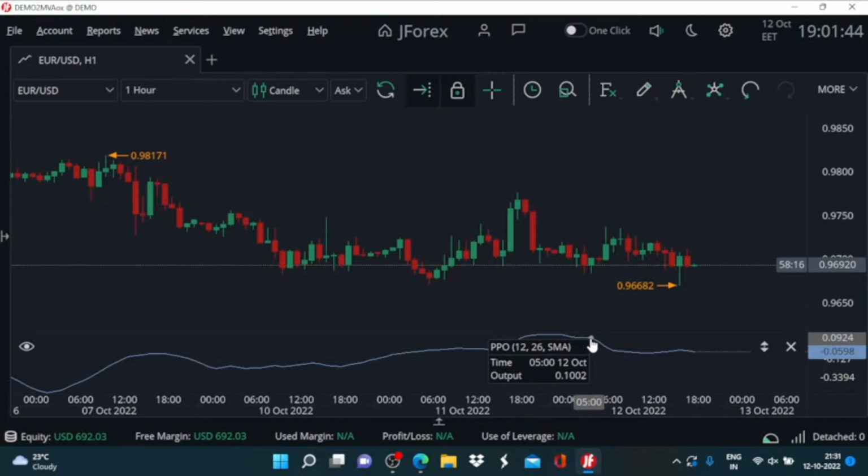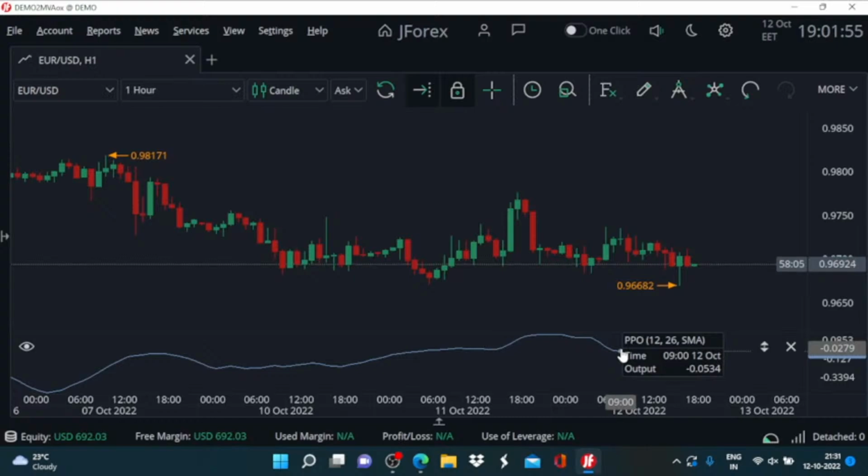And if the output is declining from above zero to below zero, that indicates momentum is now shifting from bullish to bearish. So we can utilize this zero marker as an important entry point.